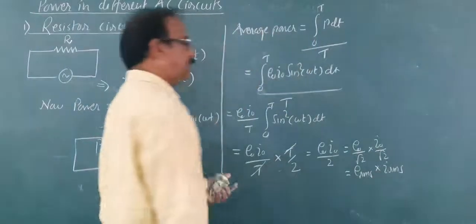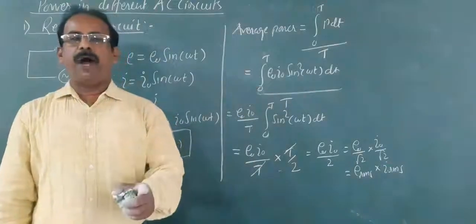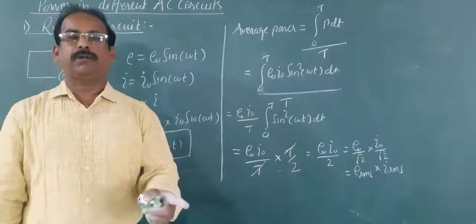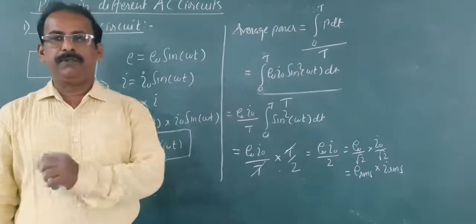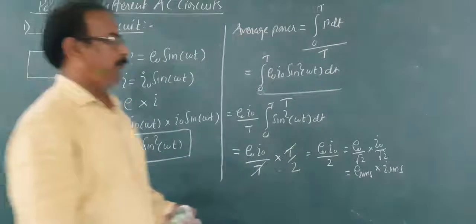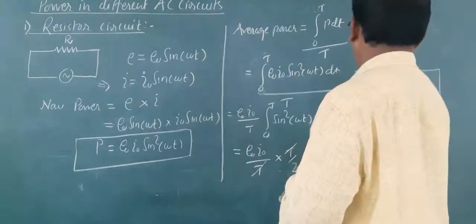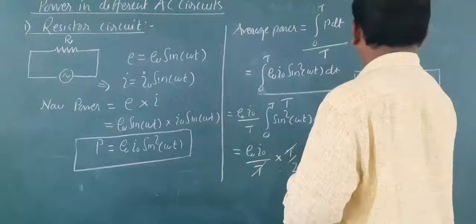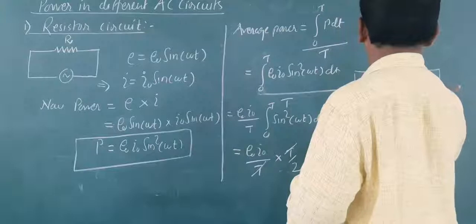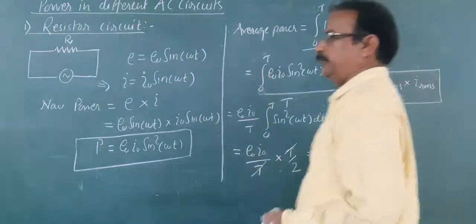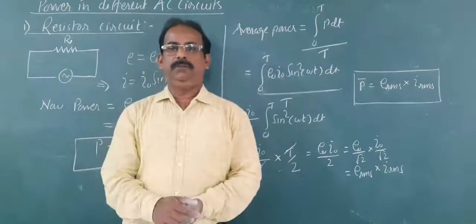Therefore, we can write that in resistor circuit, average power is always the product of root mean square value of EMF and root mean square value of current. Remember that average power, which we can denote by P bar, is ERMS into IRMS. This is power in resistor circuit.